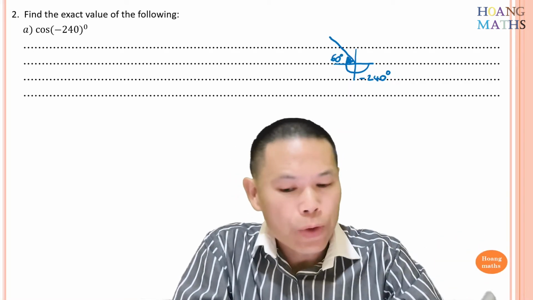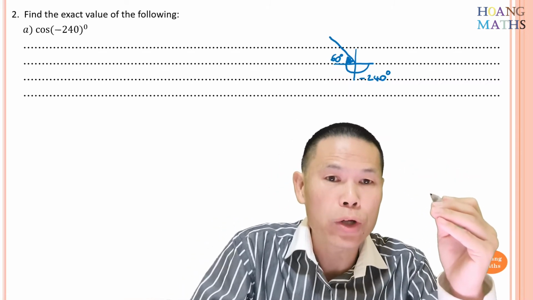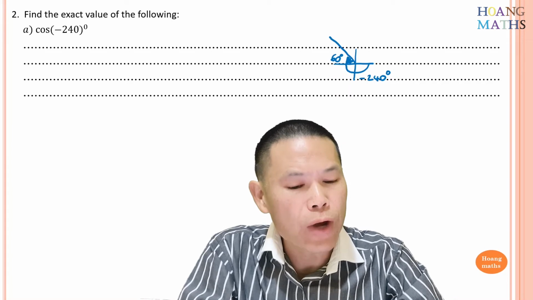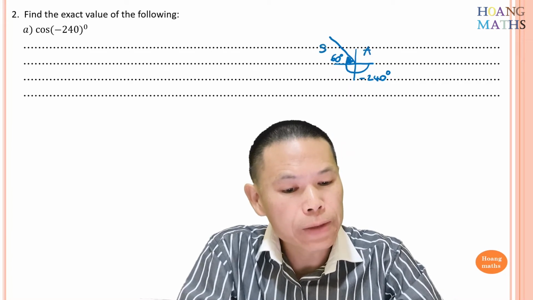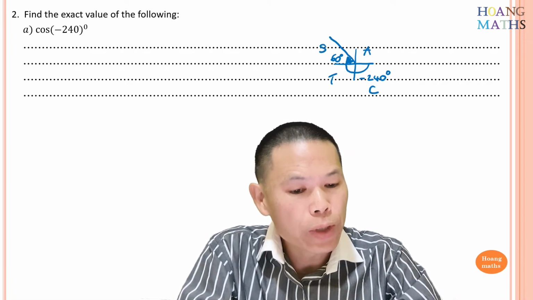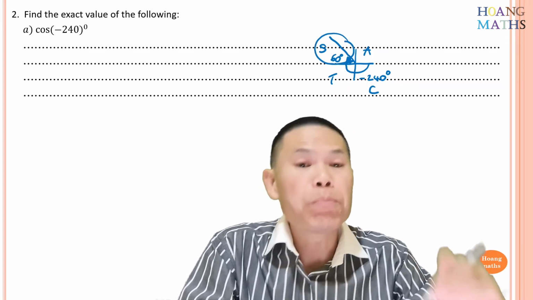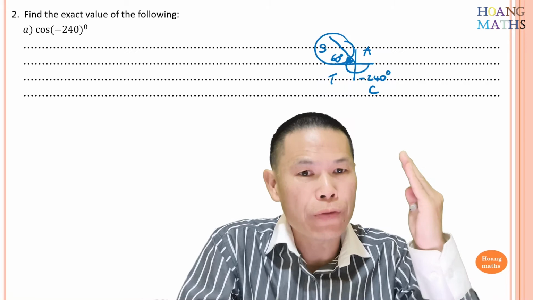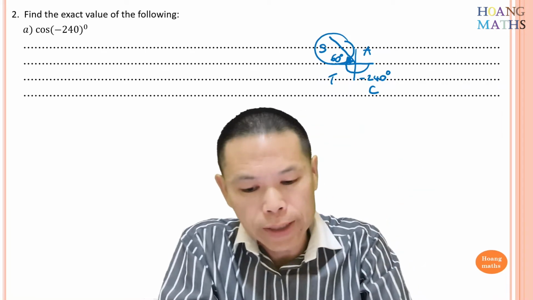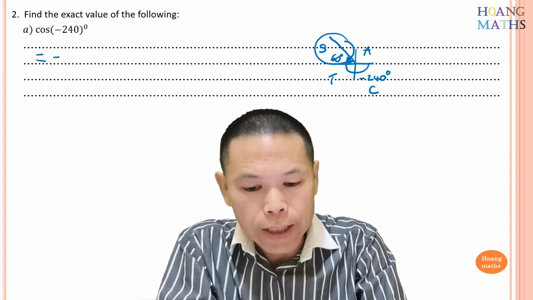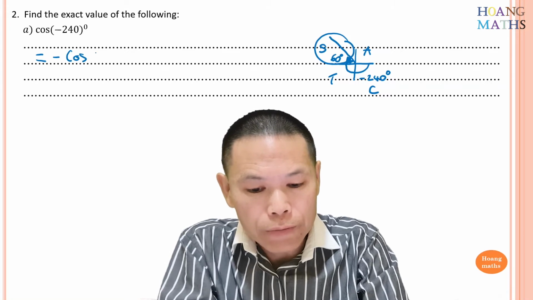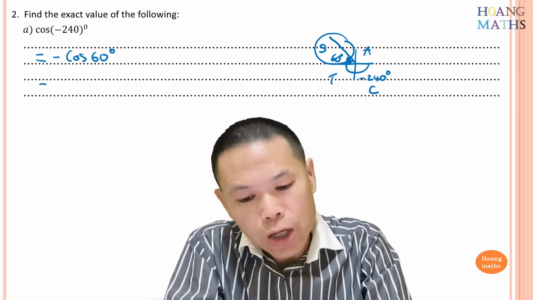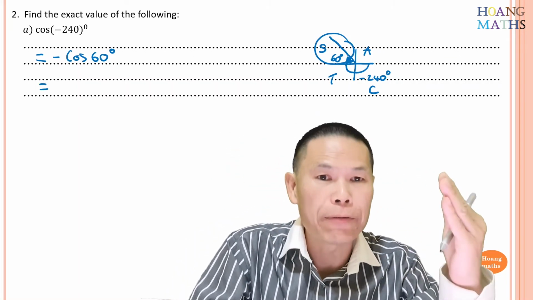So therefore, we know that cos in that quadrant is negative. Again, if you're not sure, you just quickly write All Students Take Calculus. So sine is positive, everything else is negative. In this case, we want to find out the cos, so therefore it's negative. So the answer equals negative cos of 60 degrees. Remember, reference angles, okay? So cos of 60 is a half.